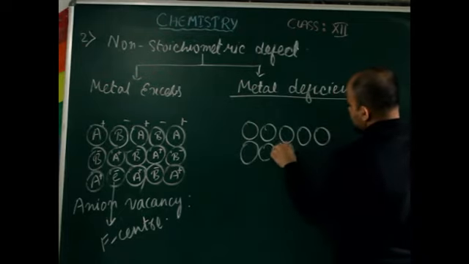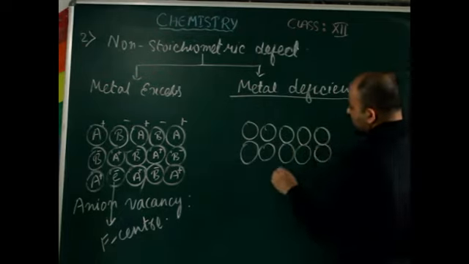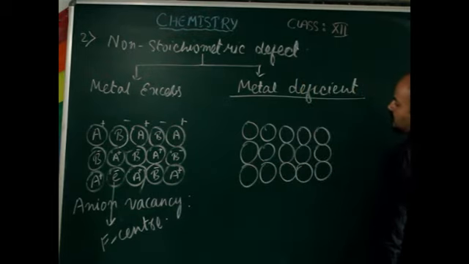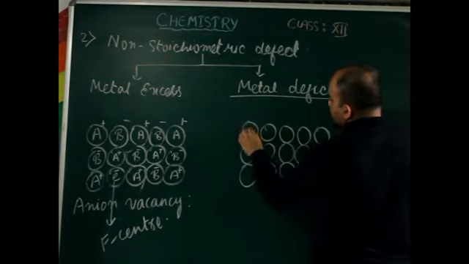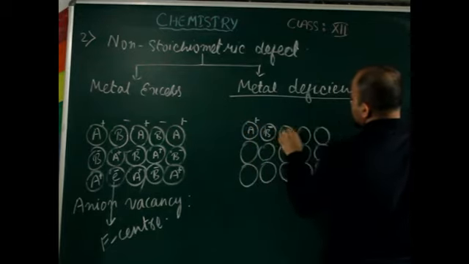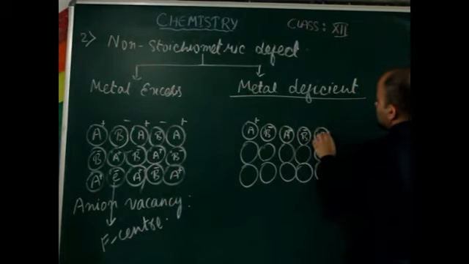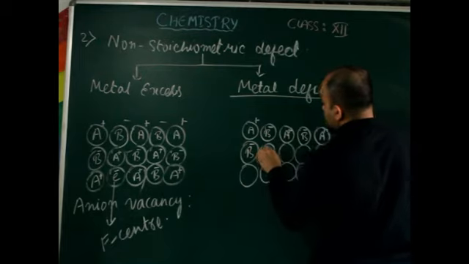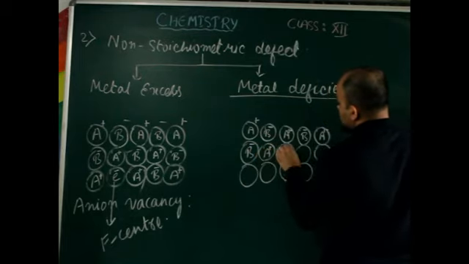Suppose you have this crystal system, this arrangement of the particular system. So if you have, say, this A positive, B negative, A positive, B negative, A positive, this is B negative, A positive, B negative.